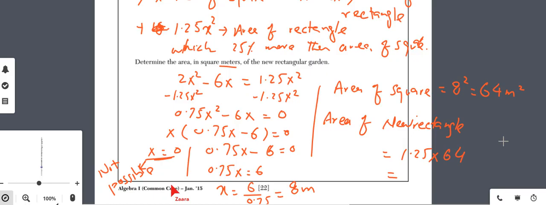So its area is 80 square meters for the new rectangular garden. So that's it.